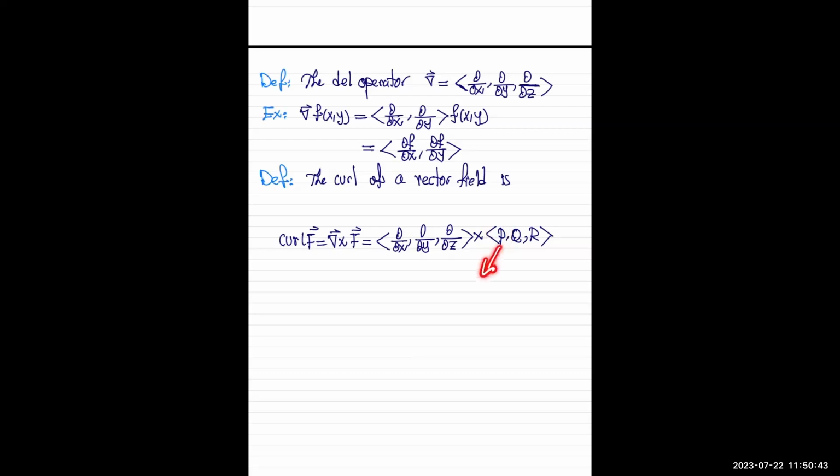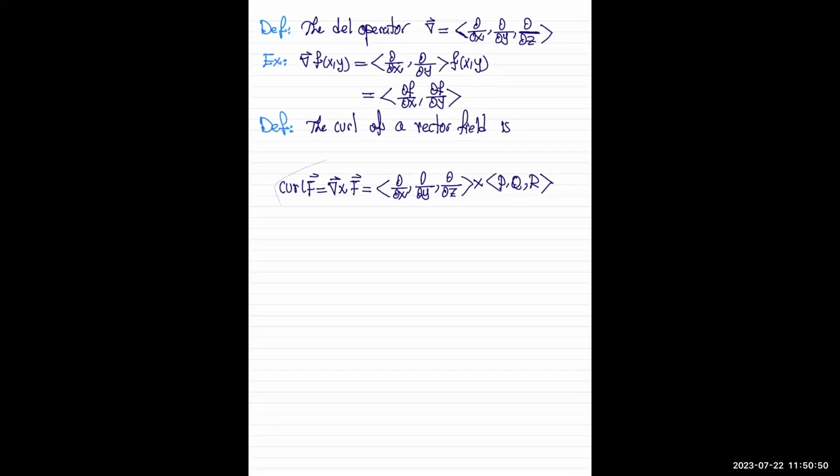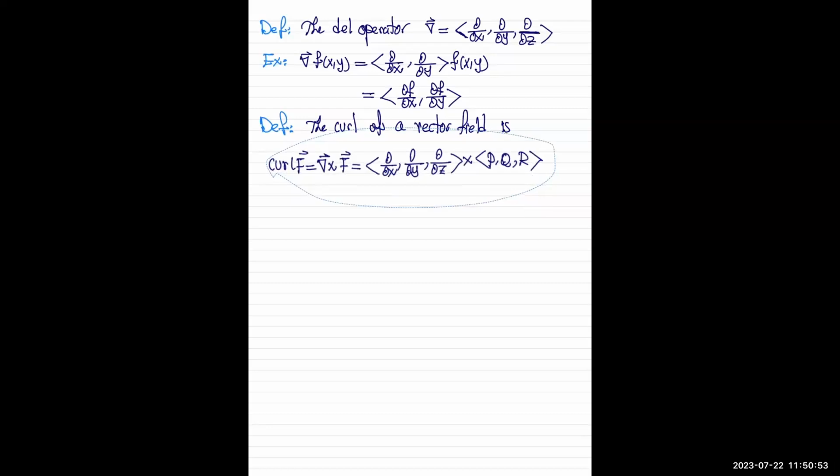So in reality, this is P of x, y, z, Q of x, y, z, and R of x, y, z. So what does this look like? You take the determinant. Okay, you put the operators in the second row, and you put those functions in the third row. Here we have P, Q, and R.